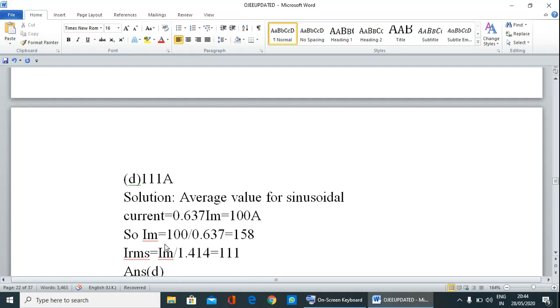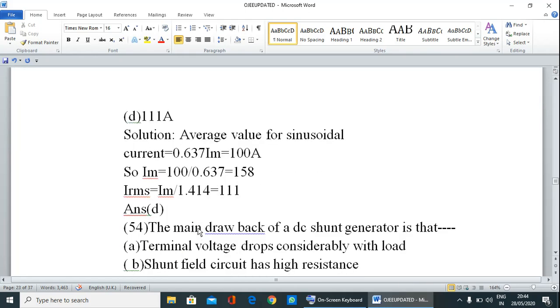Then we can easily find out the maximum value, that is 158 ampere. Therefore, RMS value is maximum value divided by root 2, that is 1.414, which gives 111. So the correct answer is D, that is 111.